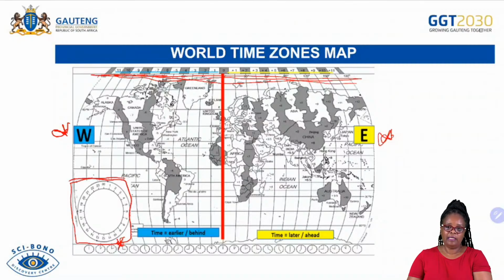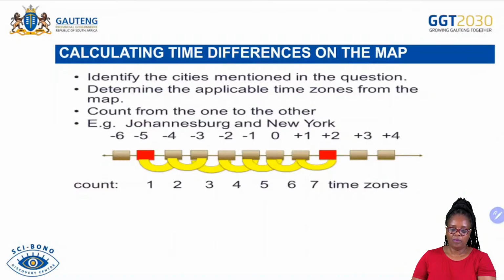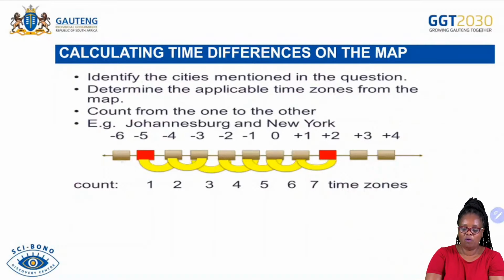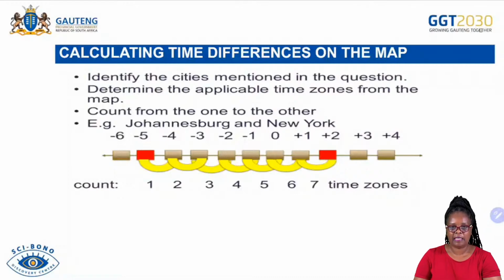So for today's lesson, I want to remind you about the ribbon. The top of the map looks like this, as you can see. And these are all the steps that you should follow when you calculate the time difference.